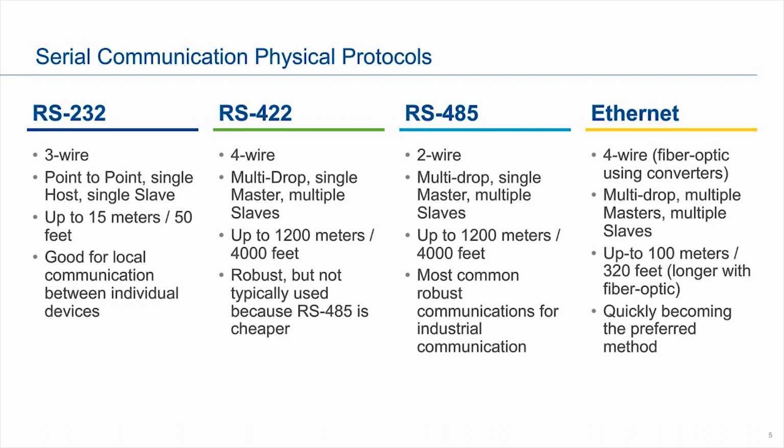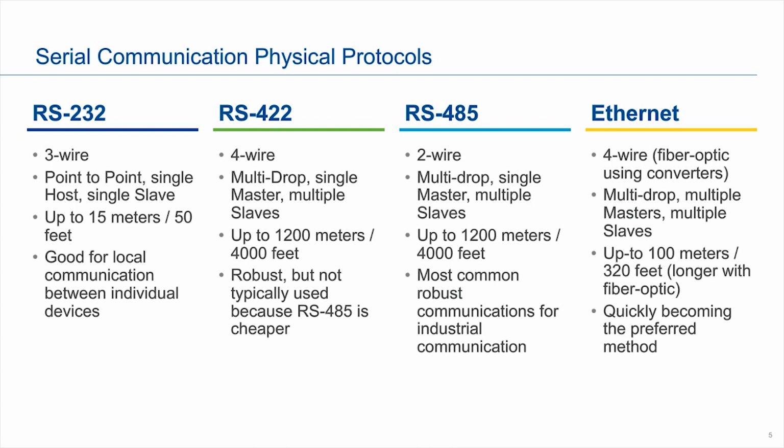One of the really good advantages of Ethernet is that you can have multiple masters communicating over a single link to a slave. So I can have a flow computer, a Mon 2000 computer, I could have multiple flow computers, a SCADA system, all communicating to a single slave over a single link.